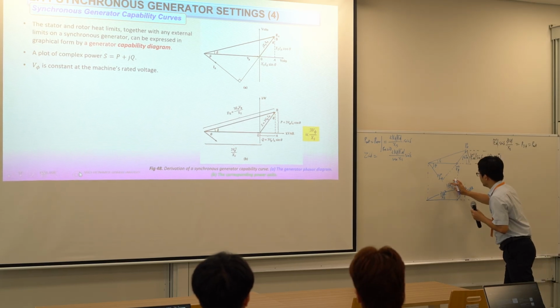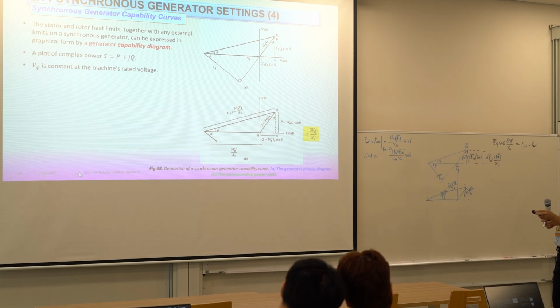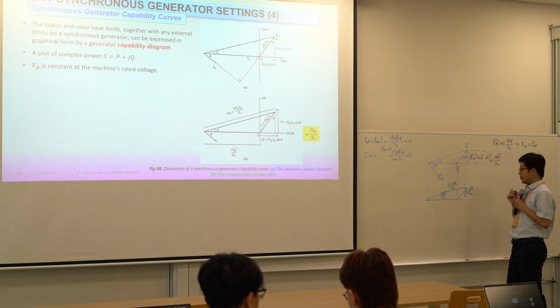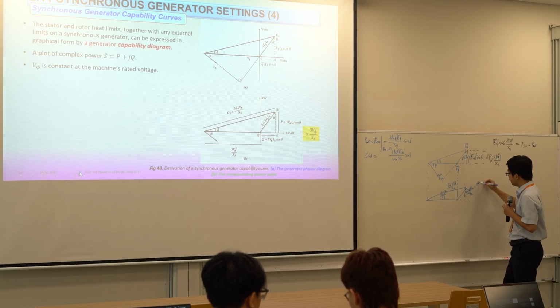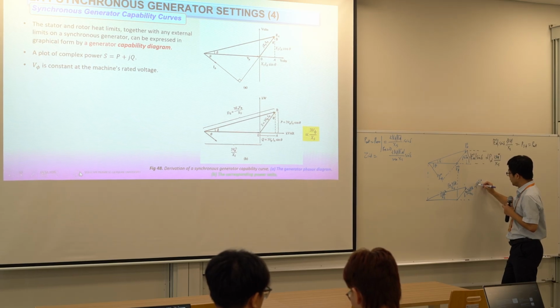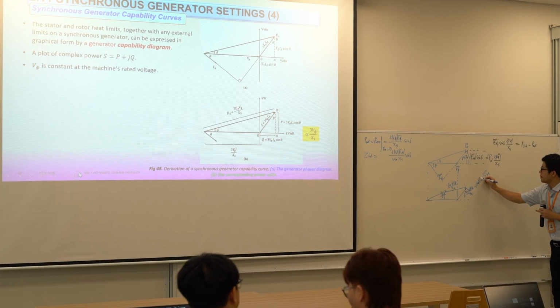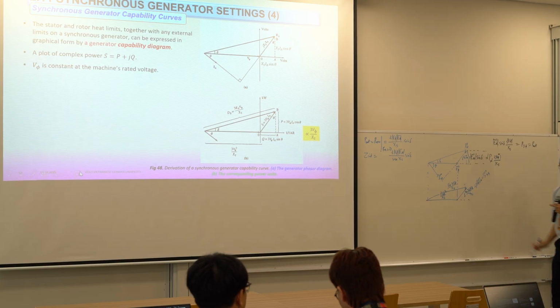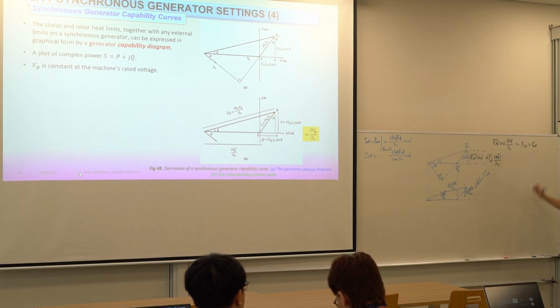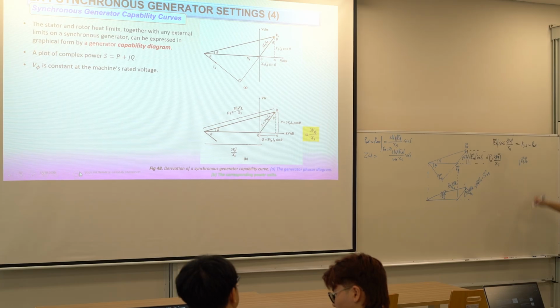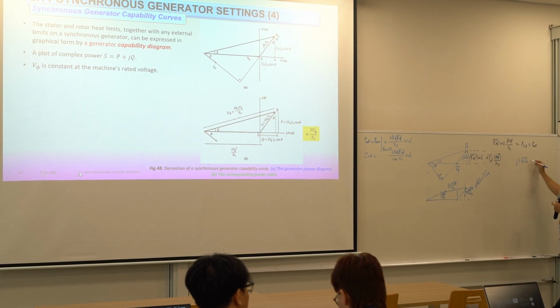Sorry. So this is XS. This is XS. Okay, so we can get 3V phase IA. What is this? 3V phase IA as three phase. Do you agree with me? So if I say jV phase IA, times 3, right? 3 E as three phase. And I modify a little bit.